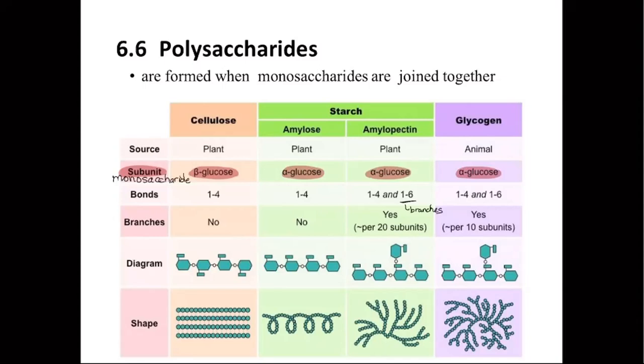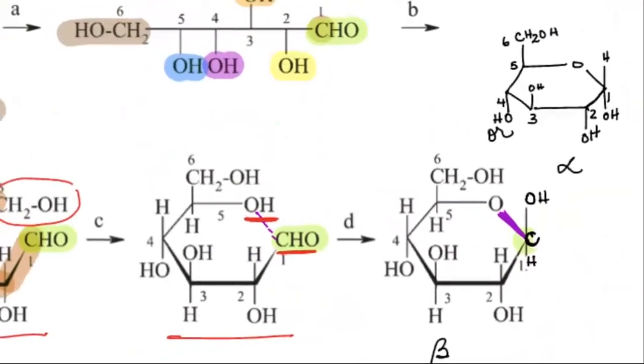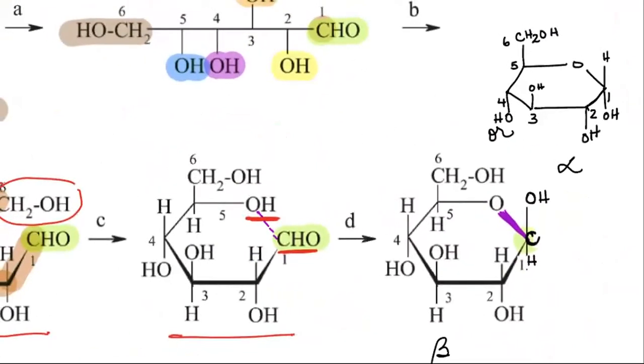Remember that that's where the alpha beta comes from. If you need a reminder of that, let me just go back. Is this concept. So the carbon that is right here, that's the one that is the anomeric position, and depending on where the OH is, that's what determines alpha or beta.